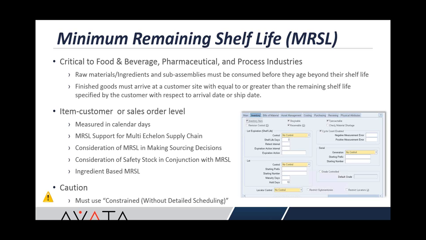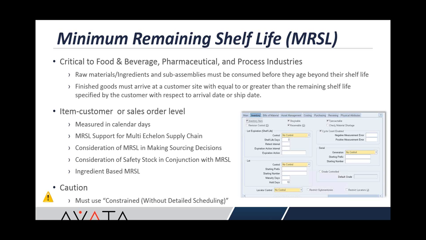Now you have the ability to, at a customer level or at a supply chain echelon level, say how much shelf life needs to remain on the product in order for it to be eligible for shipment, whether it be shipment to another distribution channel within your distribution network or to a direct customer. So this has really been a huge benefit to some clients that we have, not only in the pharmaceutical but in the vitamin industry.